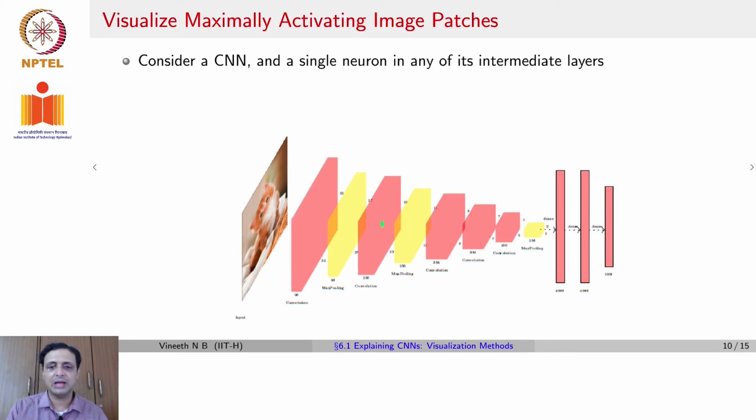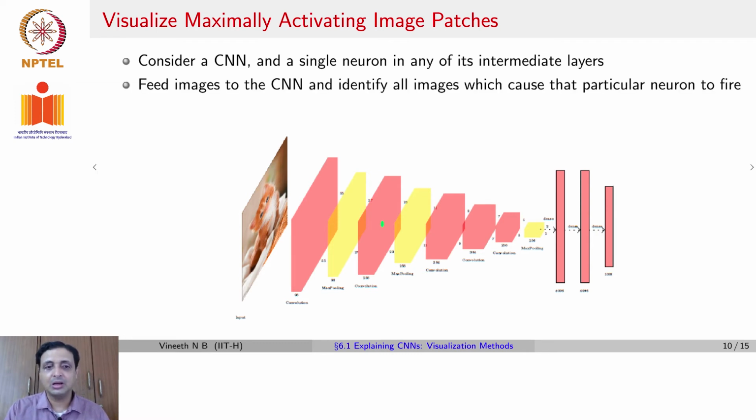Let's consider that particular one in green. Now you can try to visualize which images cause that particular neuron to fire the most. So you can give different images as input to the CNN and keep monitoring that particular neuron and see which image is making it fire the most. What can we do with that?